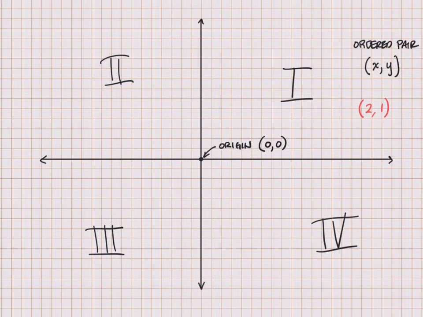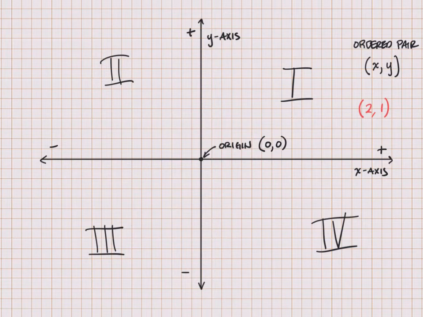So this is the x axis, and this is the y axis. This is positive, negative, this is positive, and this is negative. So as we move in this direction, we're getting more and more positive. In this direction, we're getting more and more negative. This direction, we're getting more and more positive. In this direction, we're getting more and more negative in the y direction.